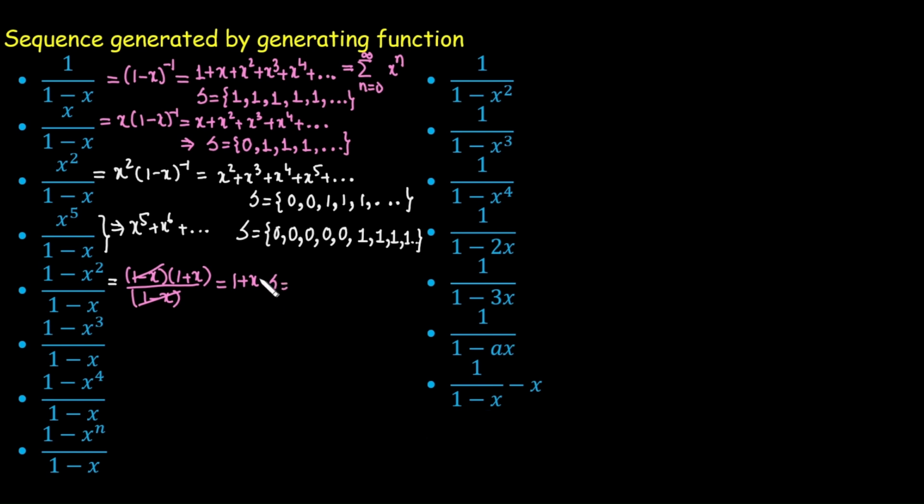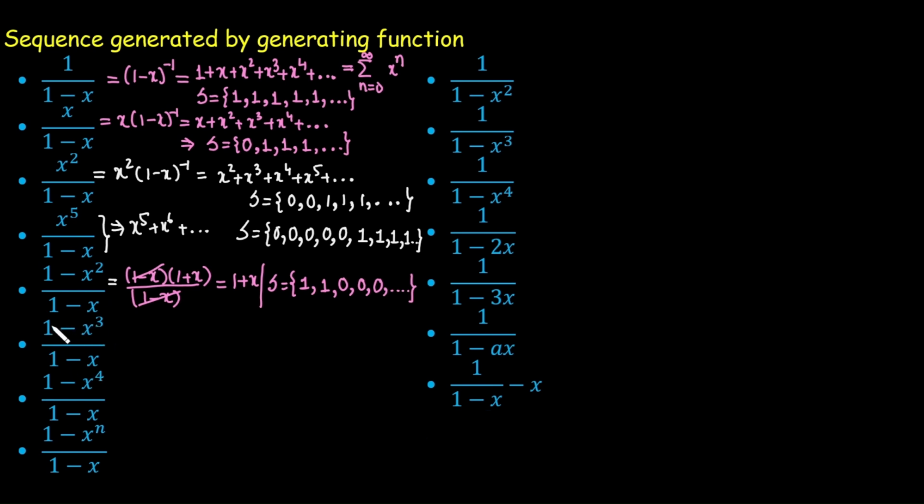In this case, what type of sequence are we having? What is the constant term? That is 1. Coefficient of x, 1. Coefficient of x square, 0. Coefficient of x cube, 0. Coefficient of x raised to power 4, again 0. So all the rest of the terms are 0. So we are getting a sequence of this form from this generating function.